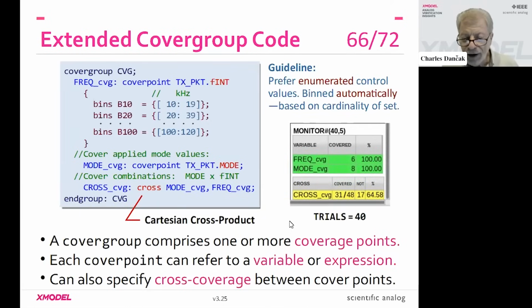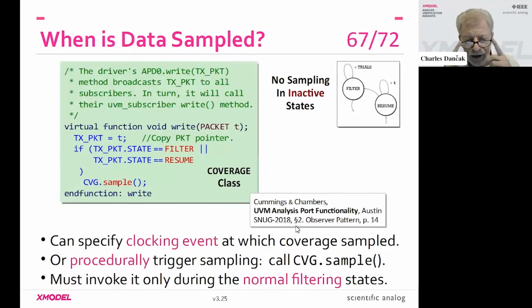In fact, we just ran for 40 trials. Here it is Tuesday afternoon. We know we have a verification team meeting late Friday afternoon, and gee, we're only hitting 65% coverage. So what are we going to do? Well, we're going to show you how to up the coverage to 100% efficiently.